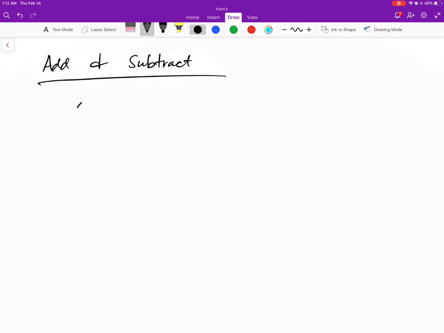So adding integers like 6 plus 7 is easy, right? It's 13. You could either do it in your head, do it on your fingers, whatever works. And subtracting integers are just the same, right? 7 minus 6. This is 1. Alrighty.